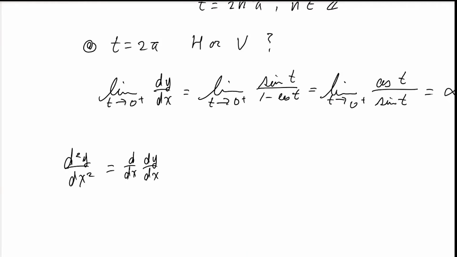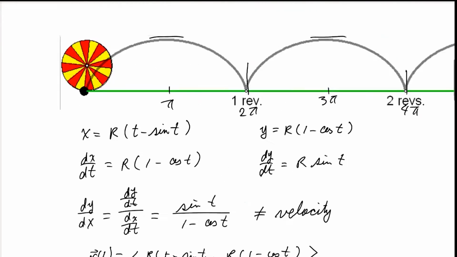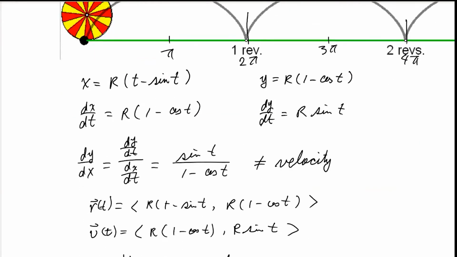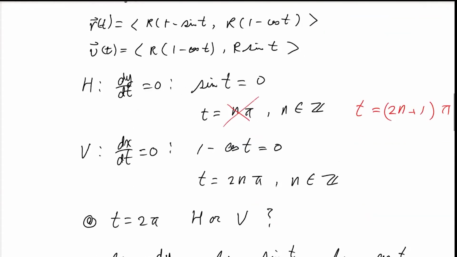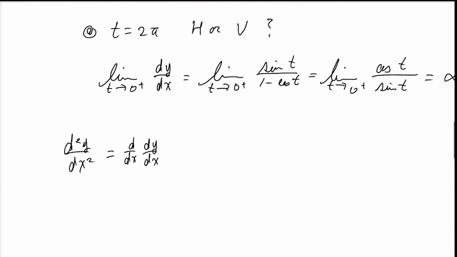Remember dy over dx, what it looks like. Dy over dx looks like this. So that's a function of t. So we will let z, which is a function of t, be dy over dx, which is a function of t. Then this thing becomes this.